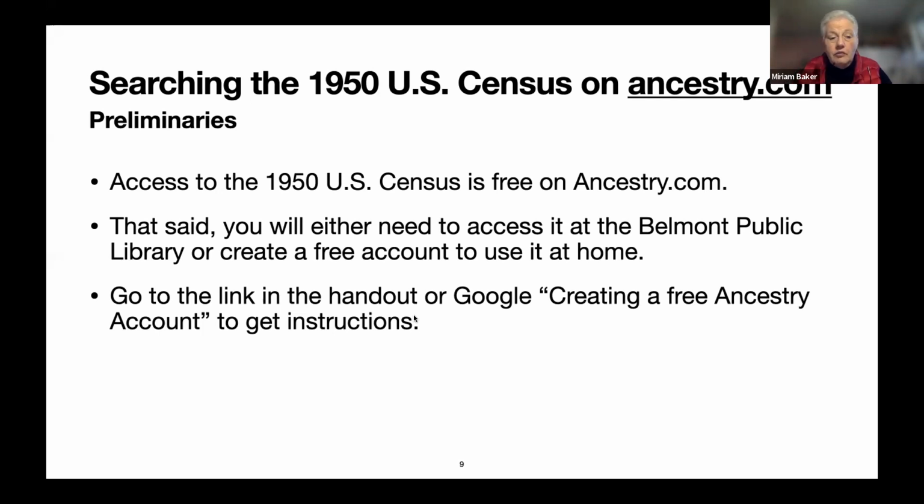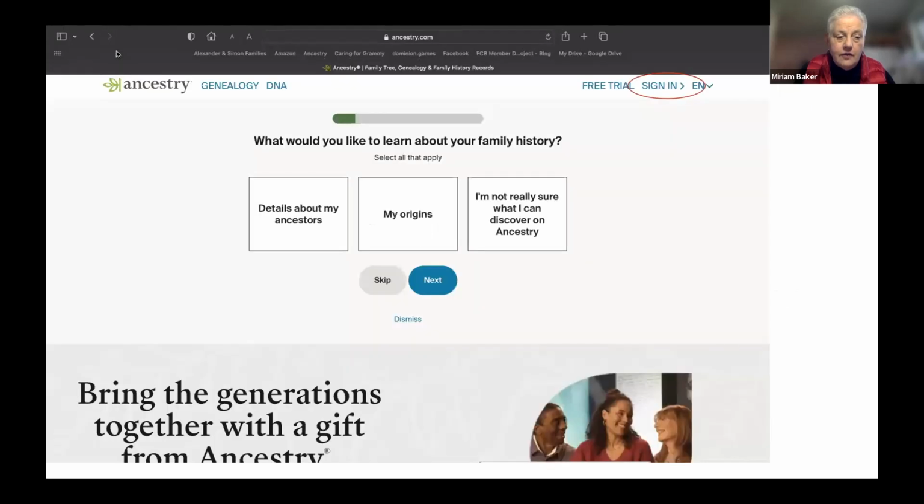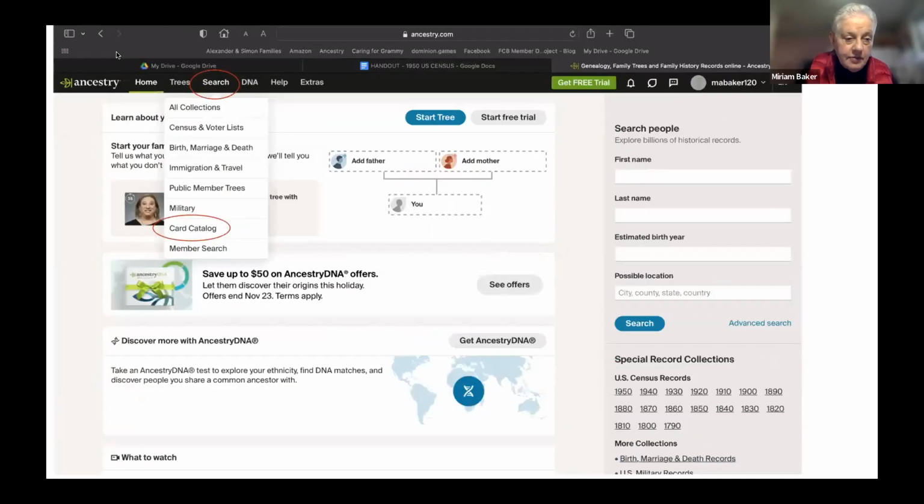The free two-week trial, they ask you for a credit card, and then you have 2 weeks to cancel it and get a full refund. This free account is truly free, and they do not ask you for a credit card. I went over the details of that, but we can skip.